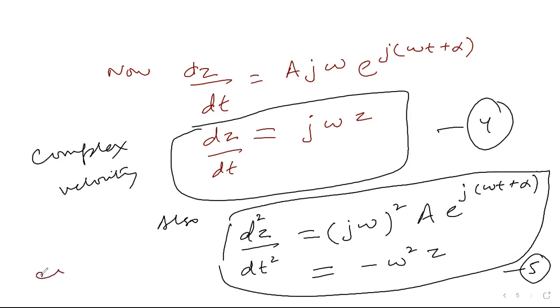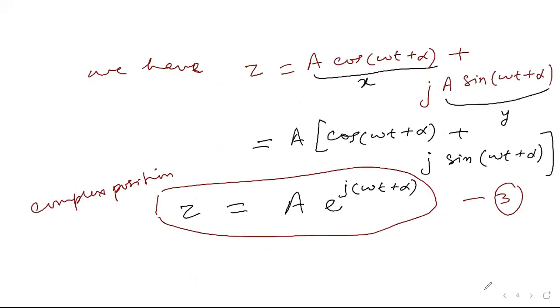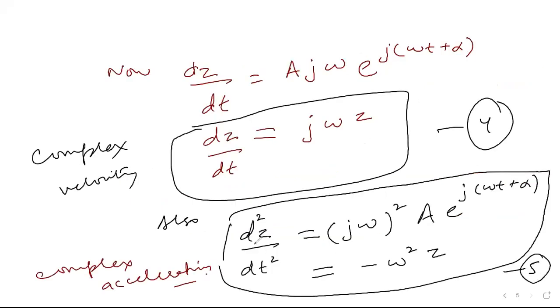Now remember, we can represent the complex number by a vector. So we can represent z, this dz by dt and the second order derivative of z with time by vectors. So let us do that.